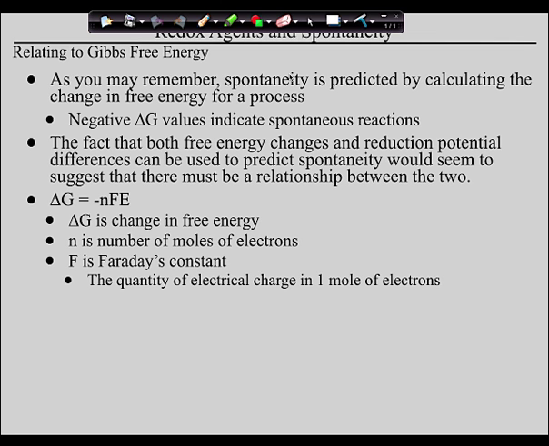Maybe this is what you were referring to, Taylor. The quantity of electrical charge in a mole of electrons? No, because you were thinking voltage. And then guys, E is of course the voltage of the cell. Yes, for this it is.